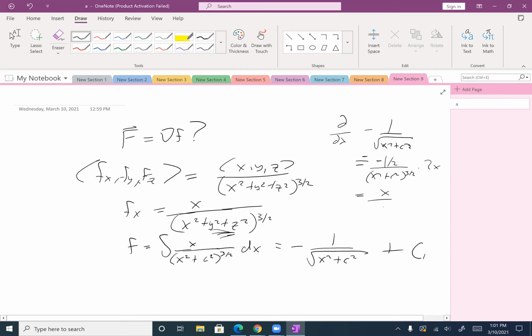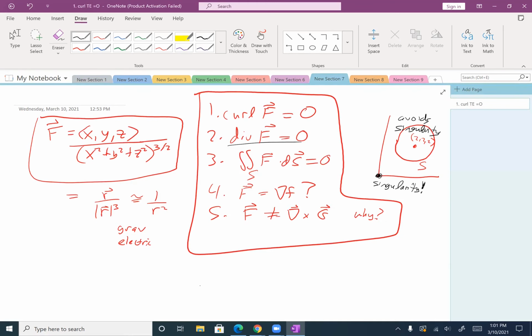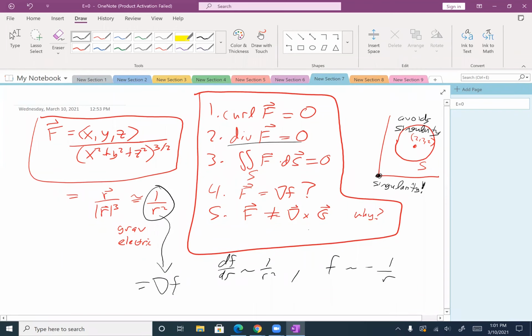And how did I guess this? Really, I kind of knew the answer already because it's a dimension thing. So if we go back here, it's 1 over r squared. It's very tempting to just say that if df dr is 1 over r squared, then f is just minus 1 over r. It turns out that's exactly what it is.